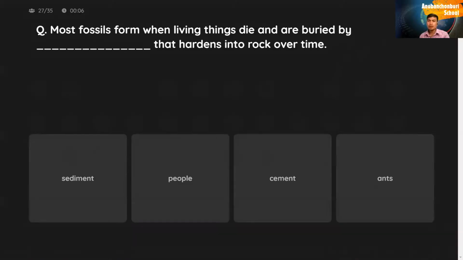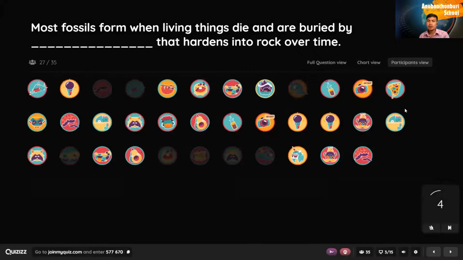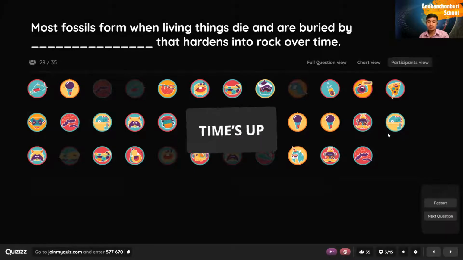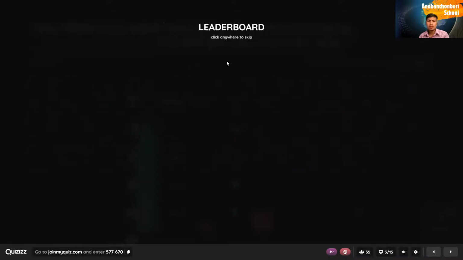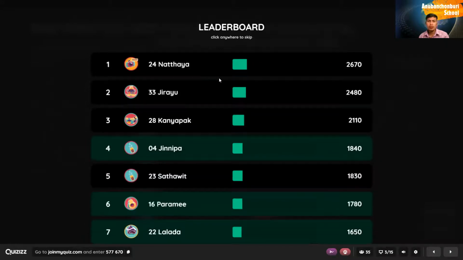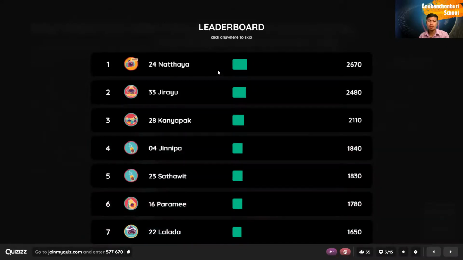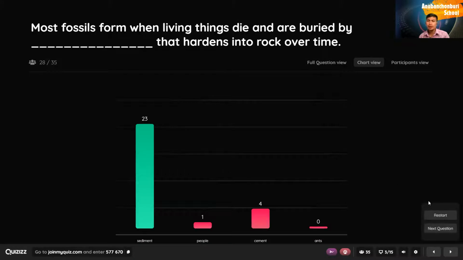Okay, the correct answer here is, okay, we have still leading Nataya and Jirayu, Kanyapak, Jinipa, and Satawit. Yeah, very easy, right? Sediments.